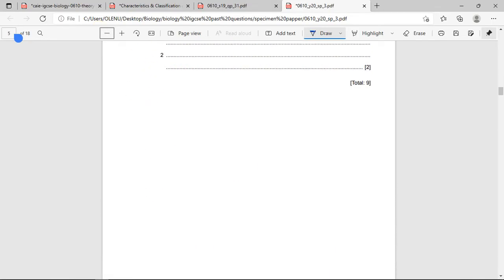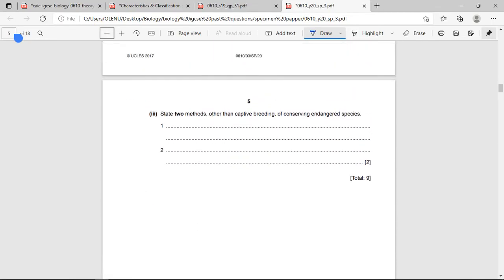Now, the next question here is, suggest two methods other than captive breeding of conserving endangered species. So, two methods, you have protecting the habitat, so there won't be habitat loss. Another method is you have to educate the people.